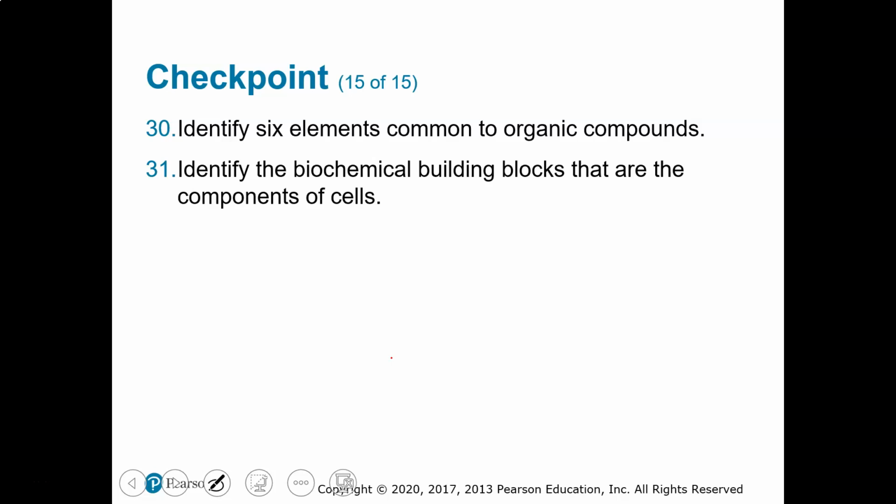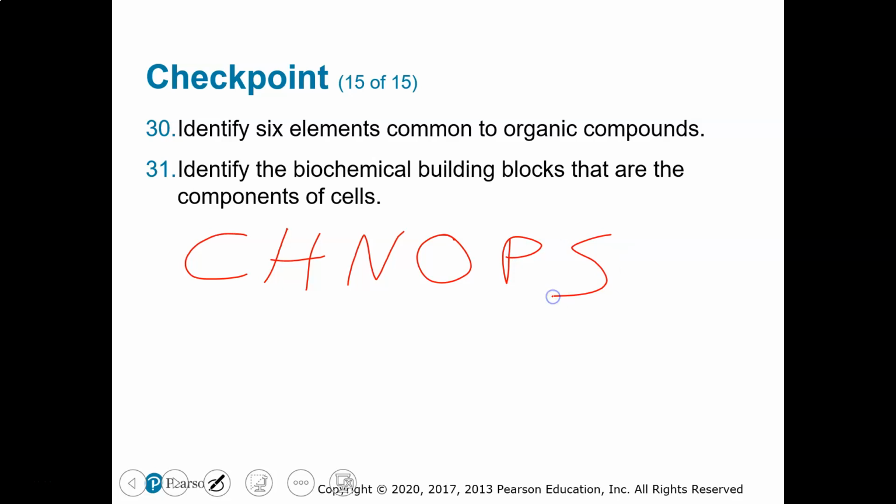Identify six elements common to organic compounds, and you can remember this by the acronym CHNOPS: carbon, hydrogen, nitrogen, oxygen, phosphorus, and sulfur. The building blocks that are the components of cells are carbohydrates, lipids, proteins, and nucleic acids.